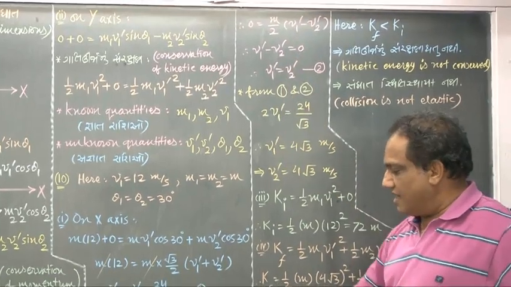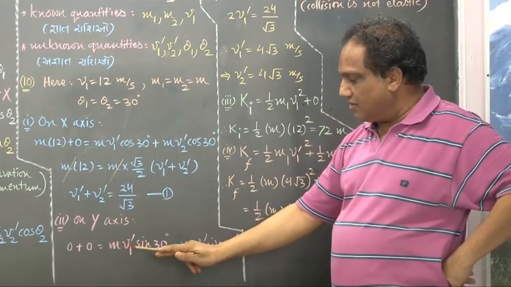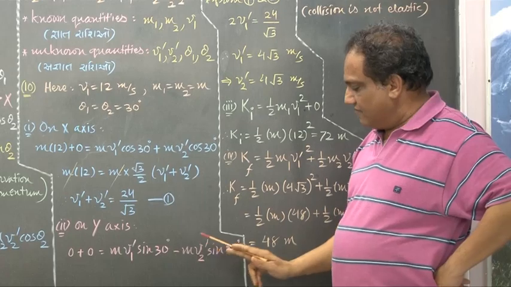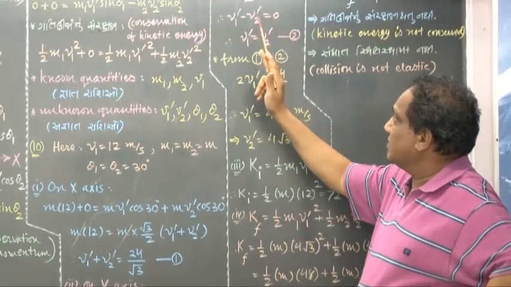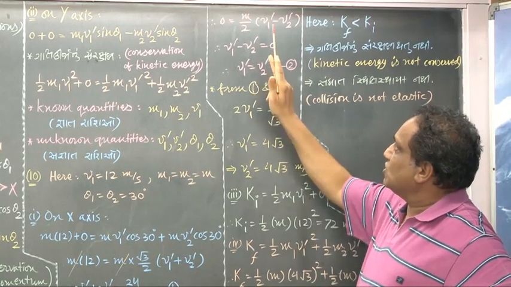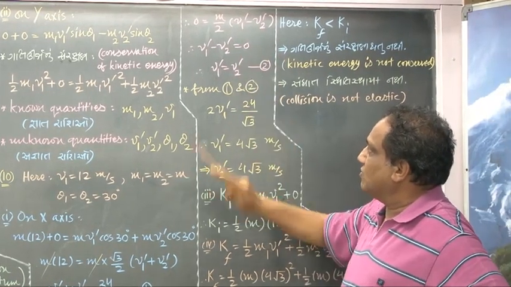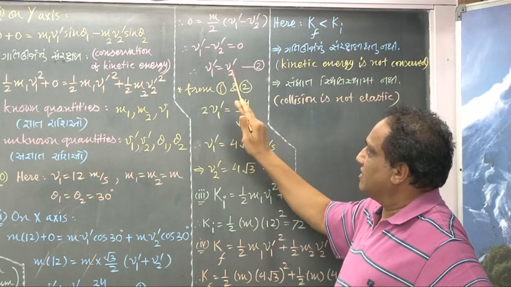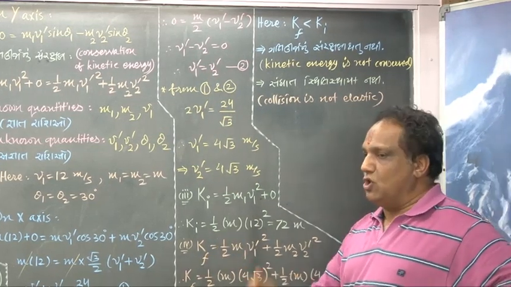Inside the bracket is V1 dash minus V2 dash. Transfer this 2 here, 2 into 0 is 0, so V1 dash minus V2 dash will be 0. So V1 dash equals V2 dash.